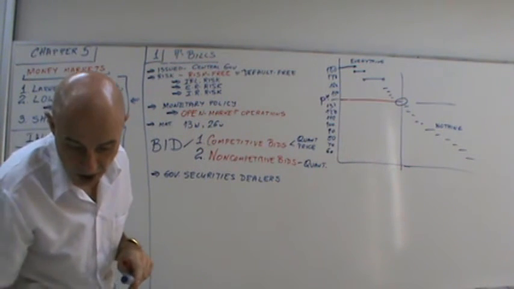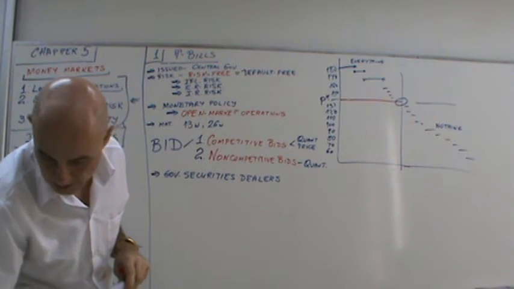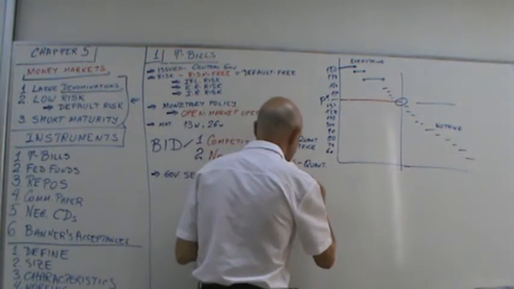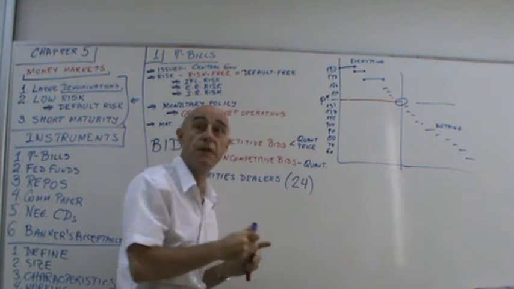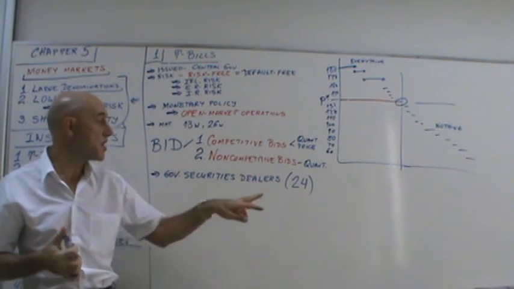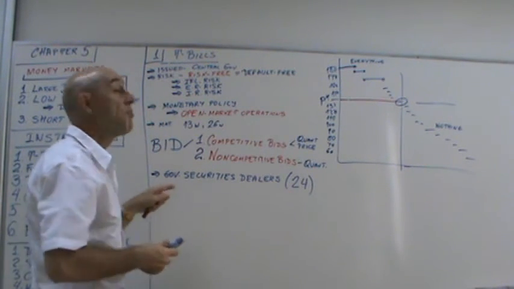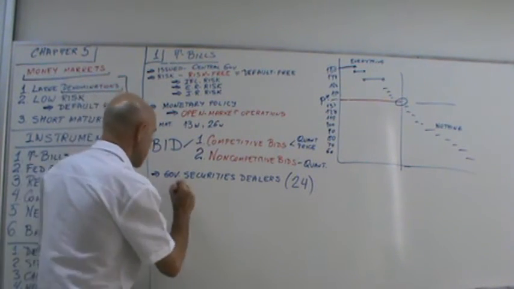And they are, if we look, in the United States, 24. To be a government dealer, and we call these primary dealers.